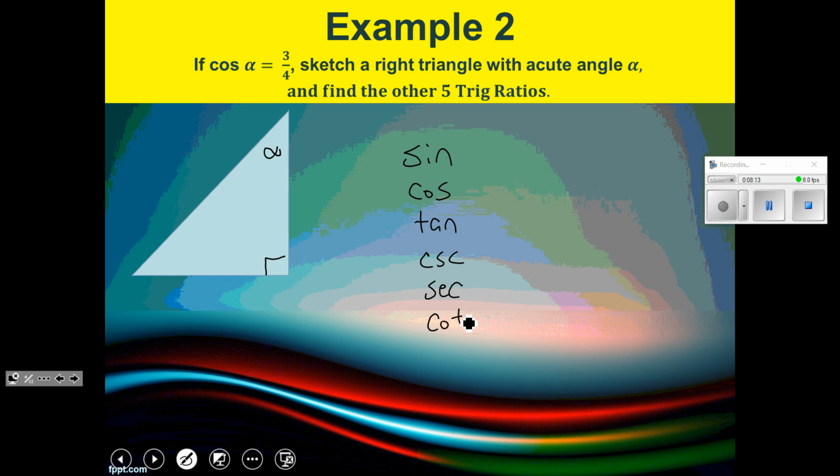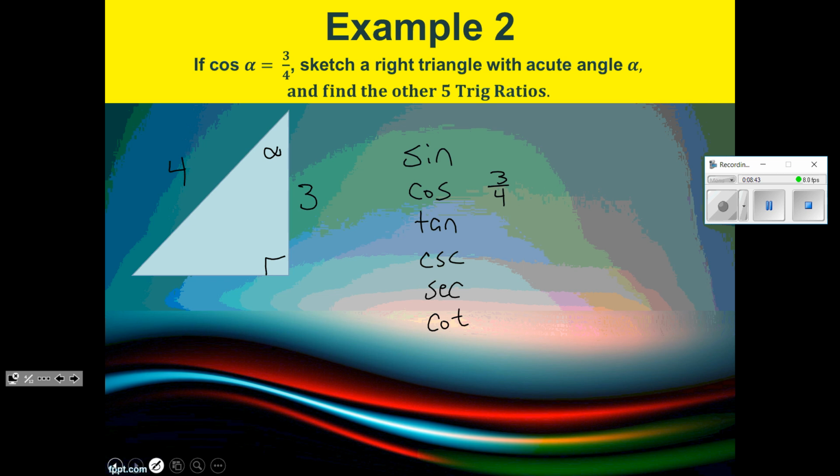Beside of it, the adjacent is going to be 3. And then where's the 4? That's your hypotenuse. That's 4. So I want you to take a minute, talk in your groups, see what you can figure out. We know this is 3/4. What would the other side be?